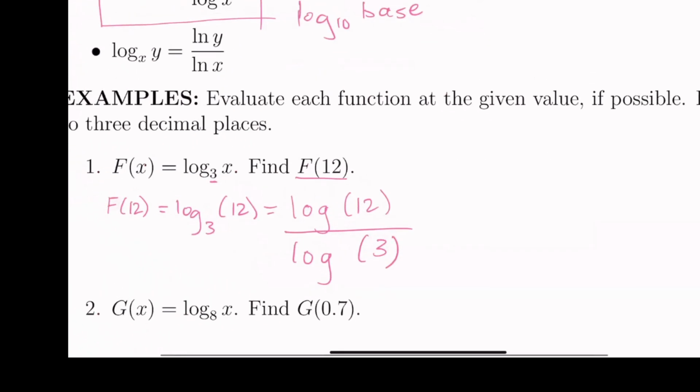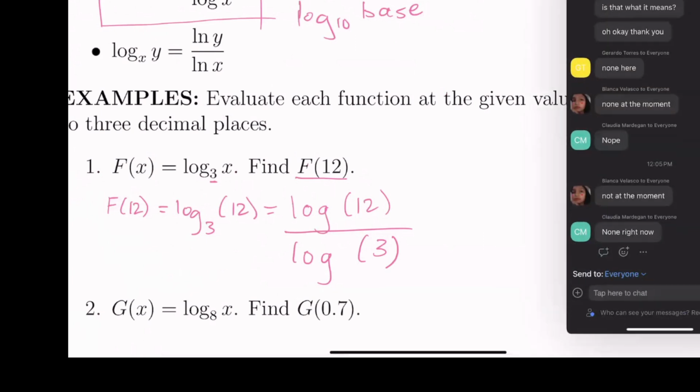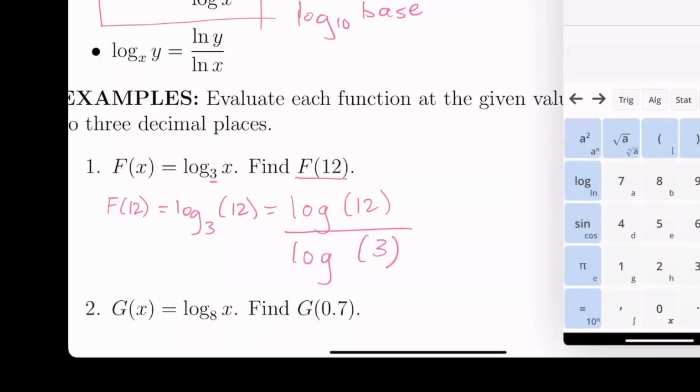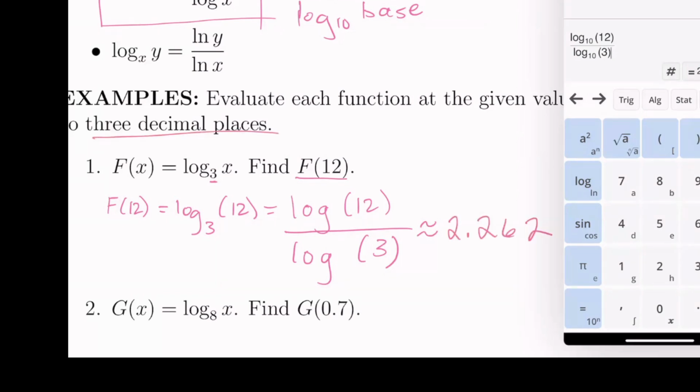Because for that, all I have to do is put in log 12, close parenthesis, divided by log 3. I don't have to mess around with trying to figure out the functions. And then that's approximately, it says give 3 decimal places, 2.262.